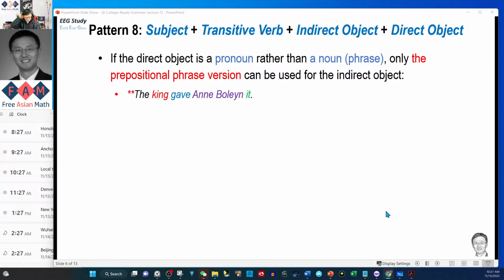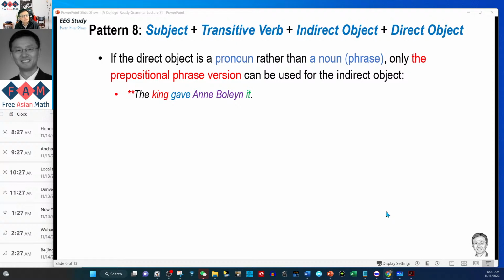We haven't formally discussed what a noun phrase means, but you can just imagine it's a phrase rather than a single word, but logically it's still a noun. If you say the sentence this way, the king gave Anne Boleyn it, this is ungrammatical. Why? Because here, we don't have his love, which is a noun phrase. We have a pronoun for it.